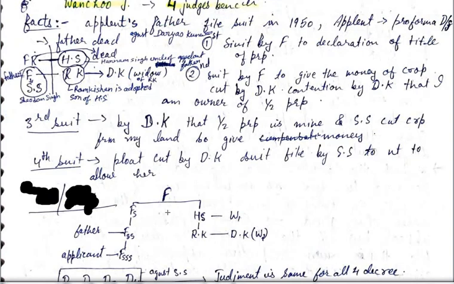So suppose this is the family tree of that family. F, FS, HS, F double S and F triple S. F triple S is the applicant, Sheodan Singh, and F double S is his father, and HS is the uncle of F double S, that is Harman Singh.